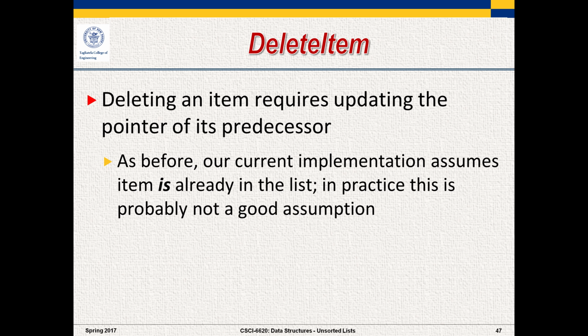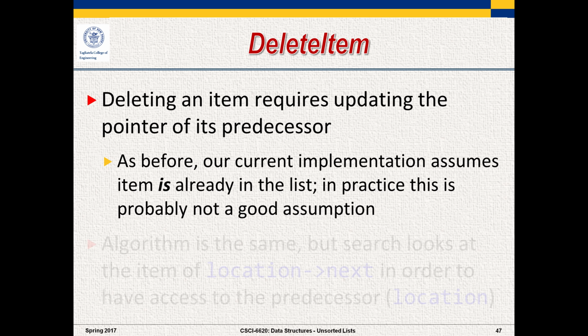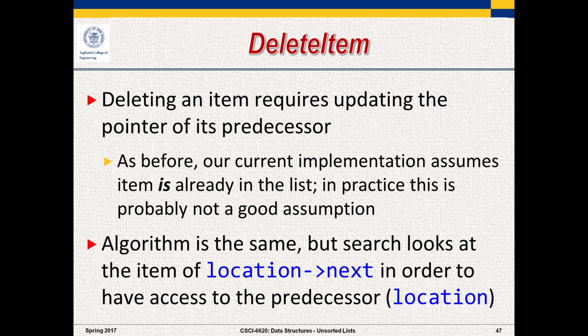A more practical implementation would be able to handle a case where it's not there. However, this is very simple. We're starting simple, so we're putting the onus on the client to know whether it's there or not before asking it to be deleted.